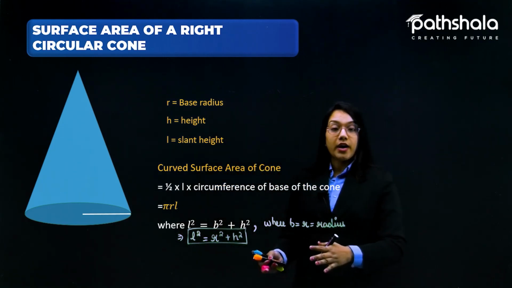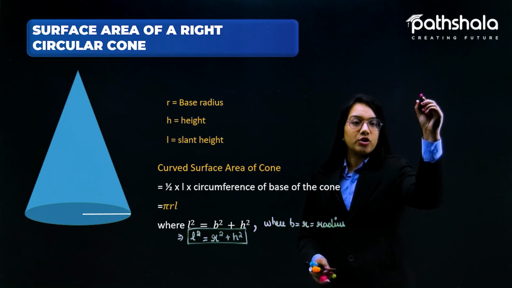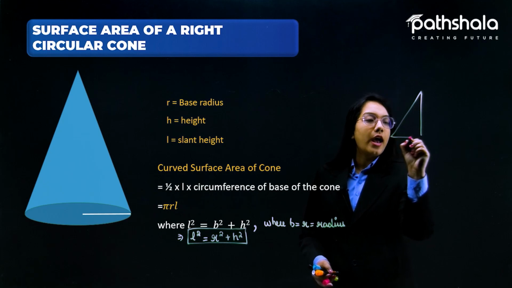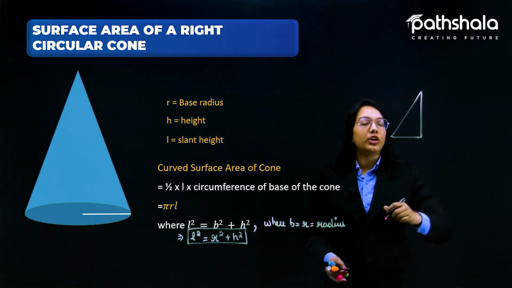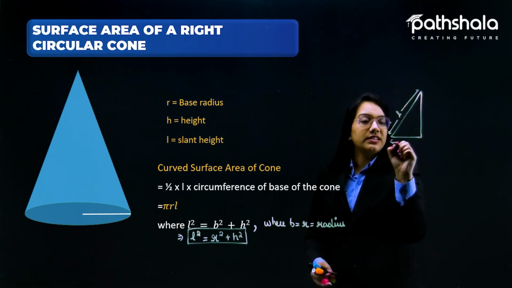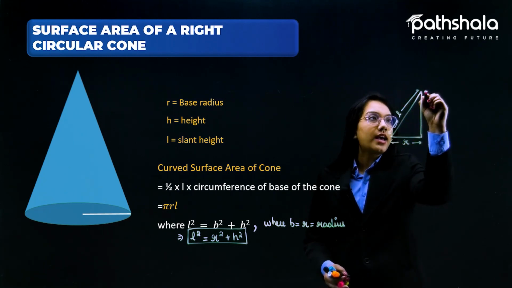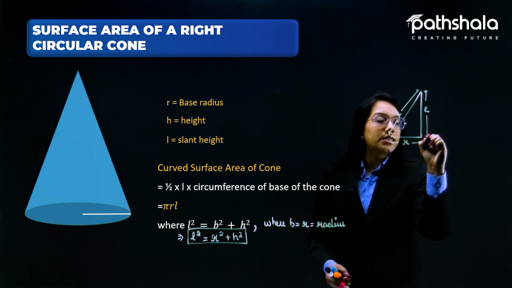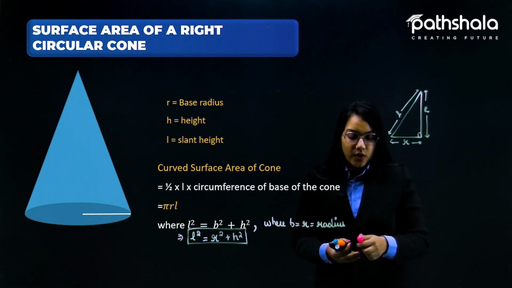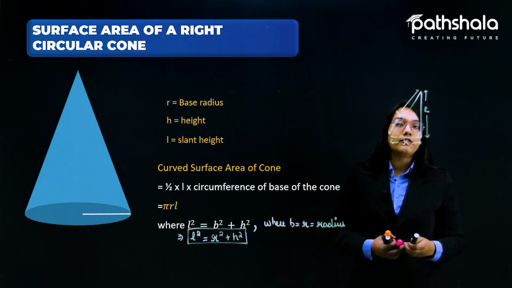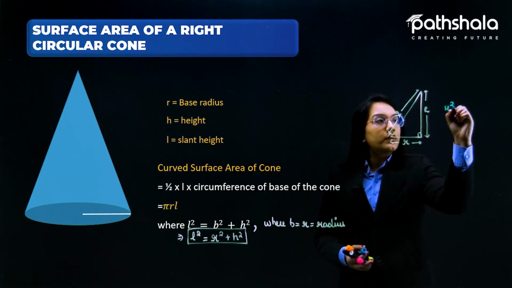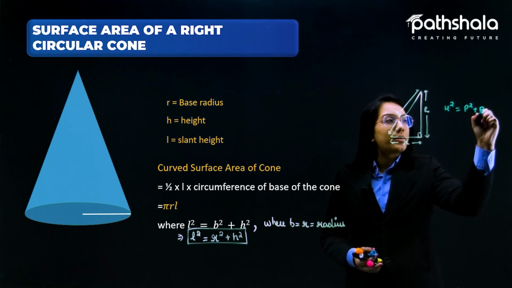So how have we actually calculated this? Let us suppose I'm talking about the half section of this particular cone, and I'm taking the triangle only. We are taking this as L, this as R, and this as H, and we know that it is a right circular cone, meaning it is forming a 90-degree angle at the base. So the triangle which is formed is a right angled triangle, and we know that hypotenuse square is equal to perpendicular square plus base square.